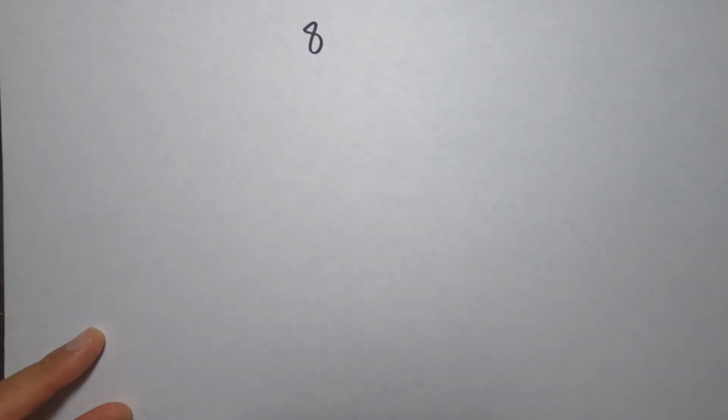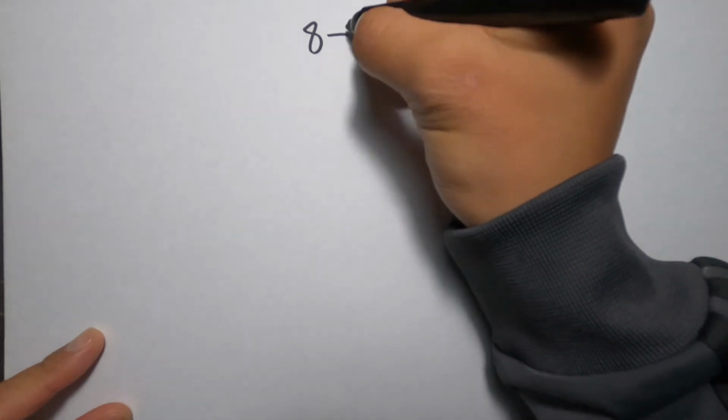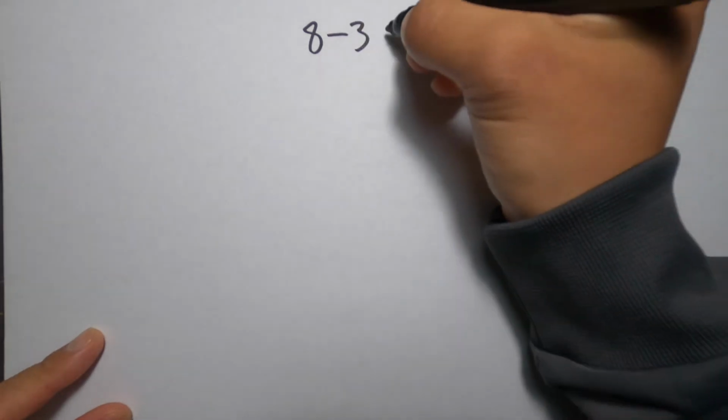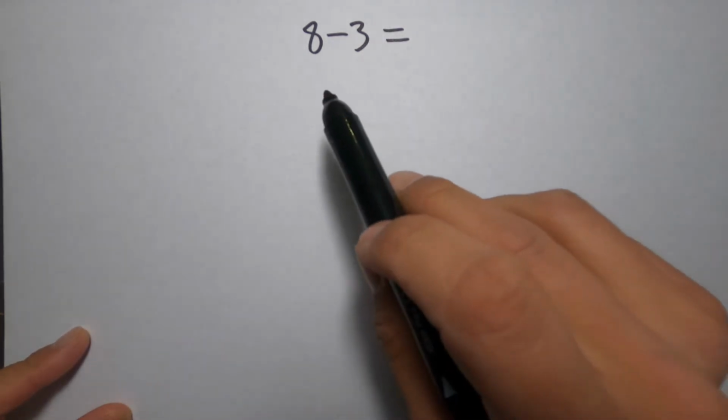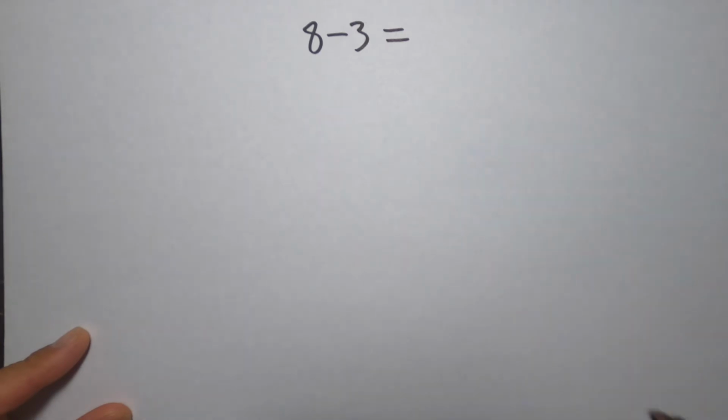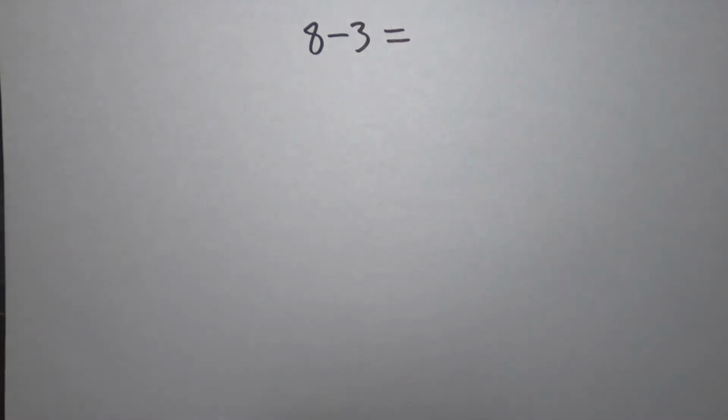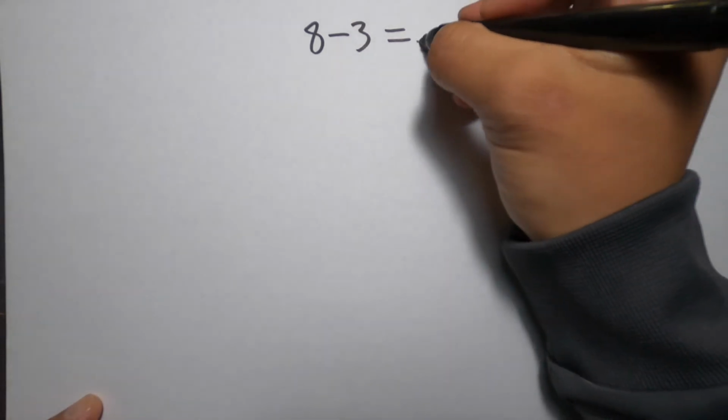Let's look at the number 8, and we want to deduct 3. So 8 minus 3, or 3 deducted from 8, or the difference of 8 and 3 is some number here.